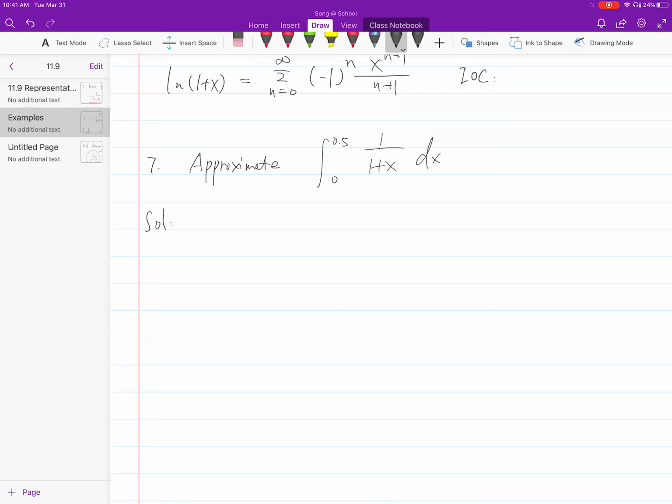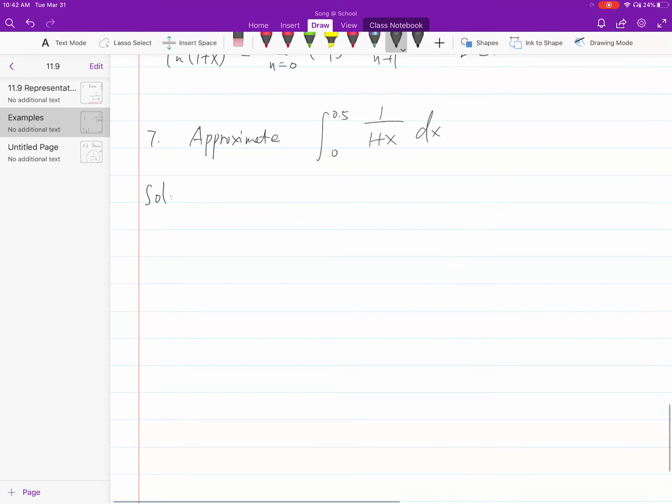So what we want to do is approximate this one, right? That means we don't have to actually find the antiderivative. In this case, it's easy to find. Plug in 0.5 and 0 to do it. We don't want to do things in this way because later I may give you something harder, which is hard to do the antiderivative. I just want to illustrate the idea here and also give you some easy function so you can verify by the other method if your calculation is true.